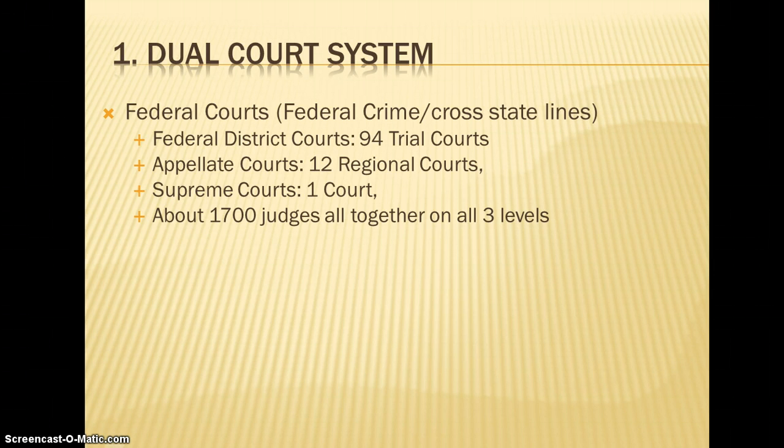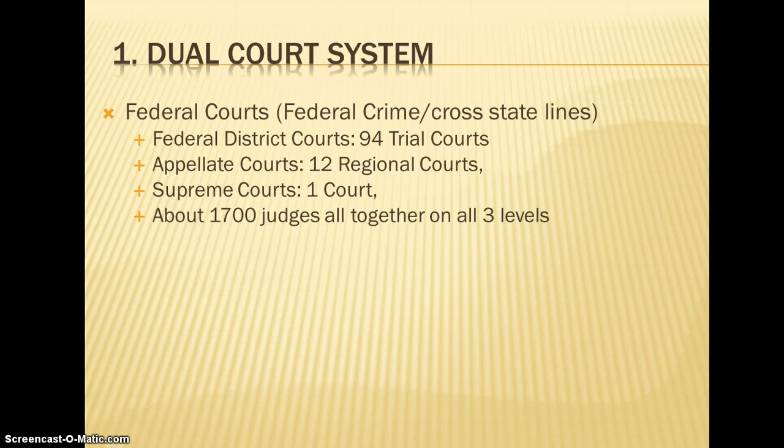Again, the president selects all 1,700 of these, or at least the vacancies in those 1,700. We always focus on the Supreme Court judges that the president gets to select, but in theory, he appoints any vacancies of those 1,700 judges.